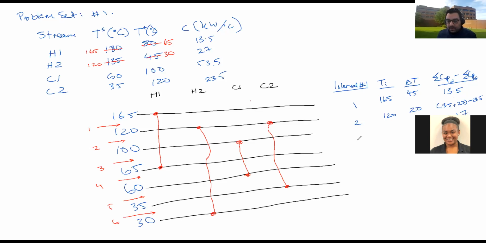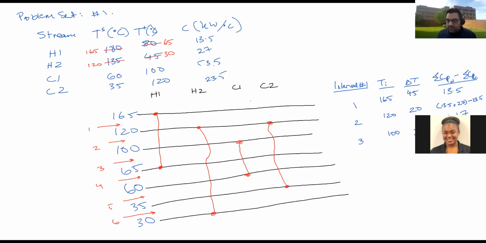Okay, now let's look at the third interval. It's a repetitive process, boring, all this stuff, but this is what you have to do to design the system. So interval number 3, my initial temperature is 100. My delta T is 100 minus 65, which is 35. And then summation of Cp hot minus summation of Cp cold. Let's look at the hot streams first.